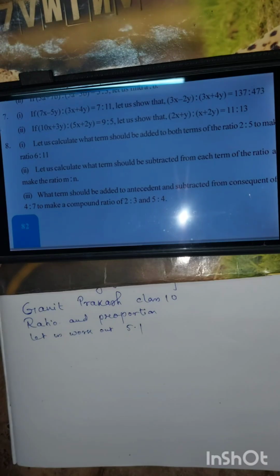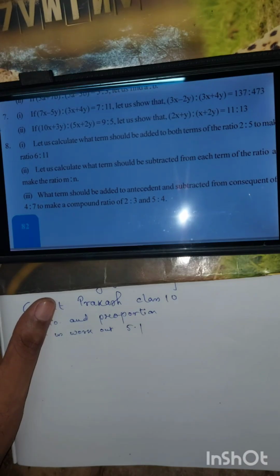Name of the chapter is Ratio and Proportion from the book Ganit Prakash of class 10. So let us start solving from question number 7.